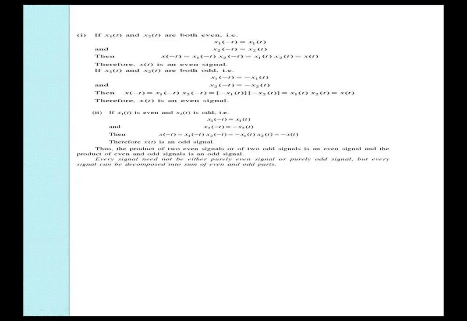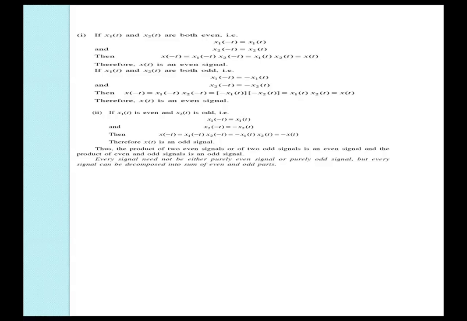It is split into even and odd parts. x of t is equal to xe of t plus xo of t, the sum of the even and the odd parts.